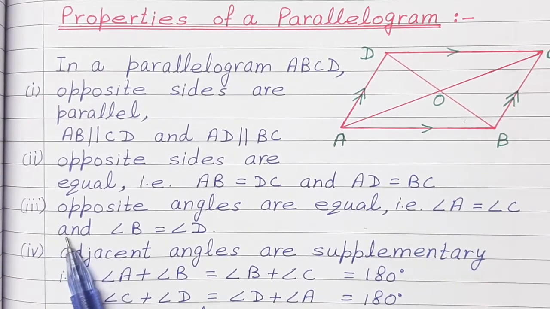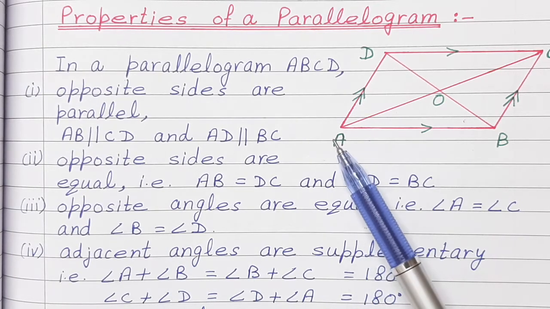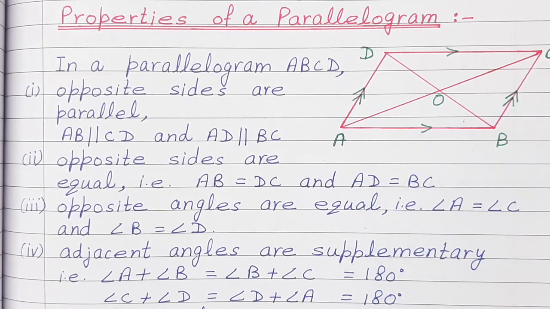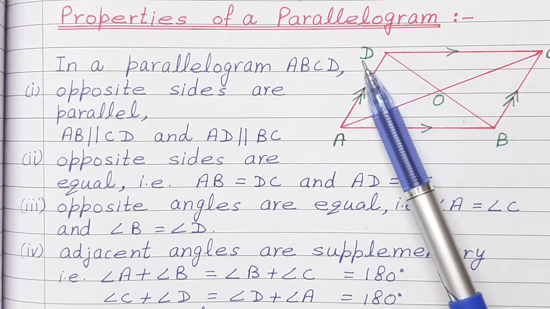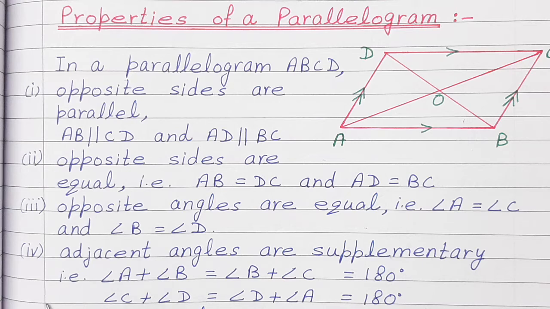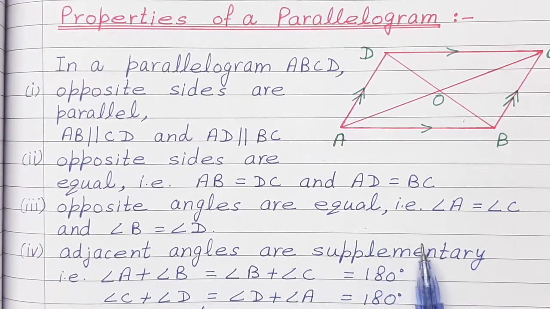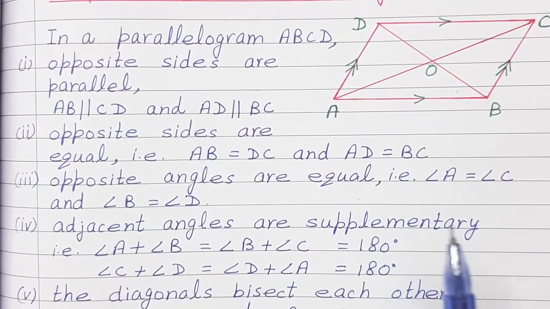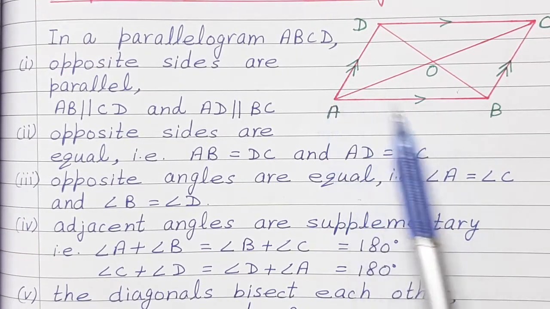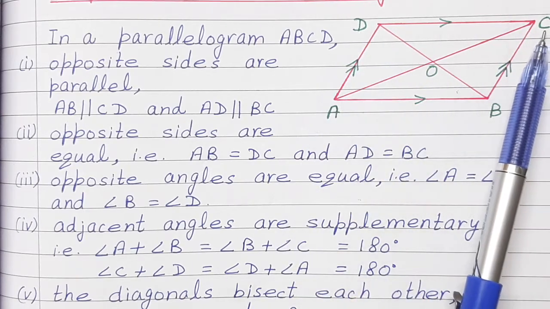Next is opposite angles are equal. That is, angle A is equal to angle C and angle B is equal to angle D. Right? The fourth property is adjacent angles are supplementary. Now how? Now you know that it is a parallelogram. AD is parallel to BC.